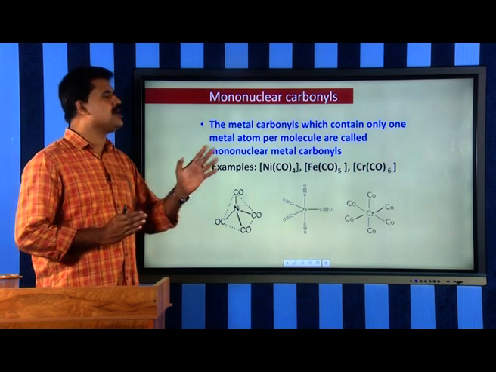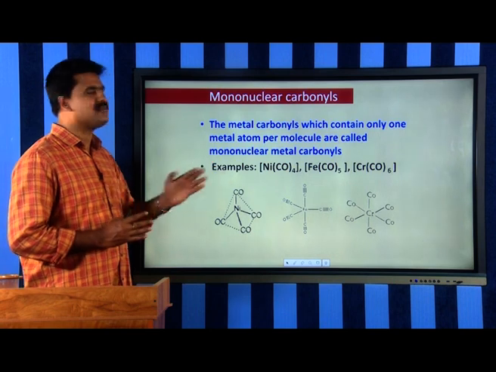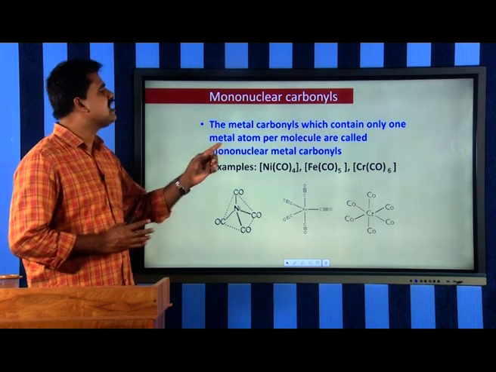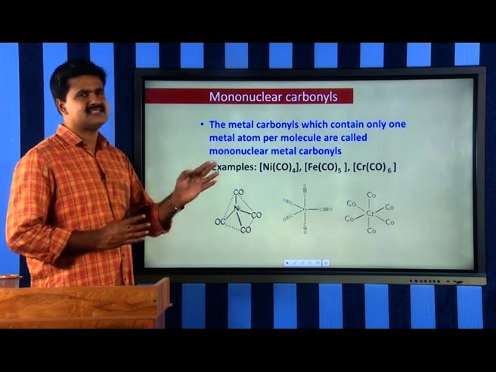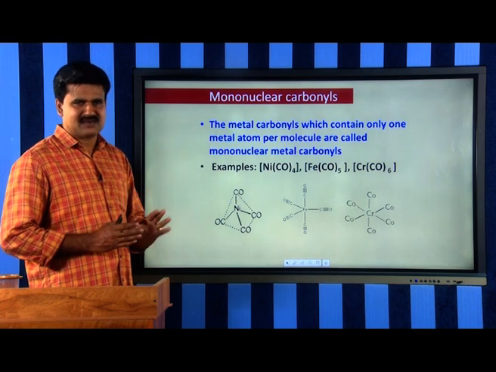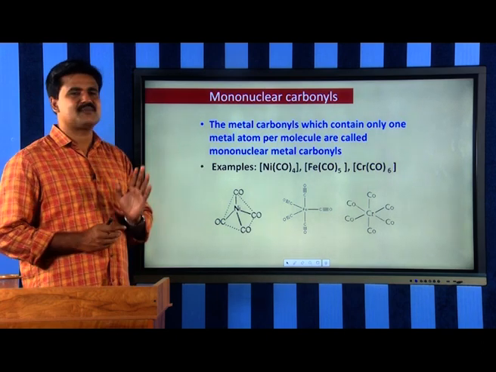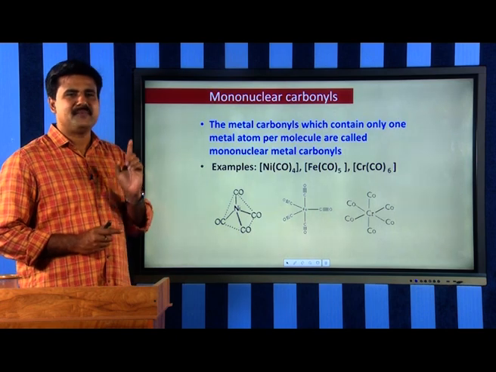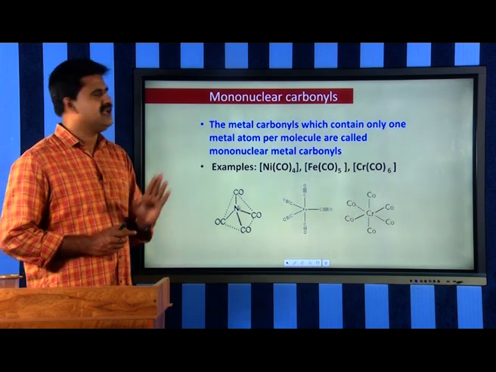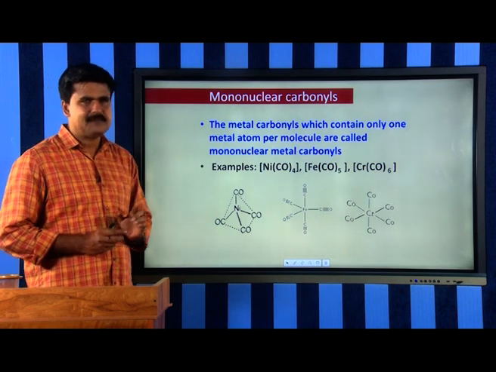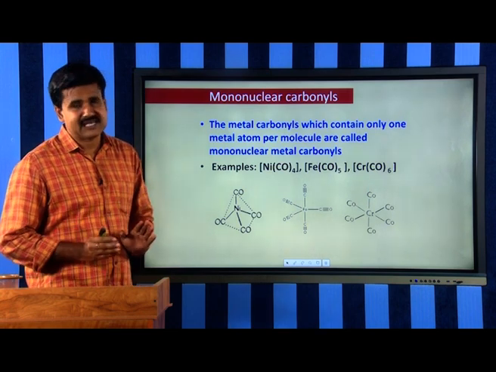The second one, iron pentacarbonyl, designated by the second structure, and Cr(CO)6, that is chromium hexacarbonyl. And all these carbonyls contain only one metal center per molecule. Hence, they belong to the category of mononuclear carbonyls.